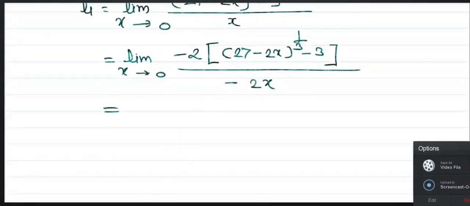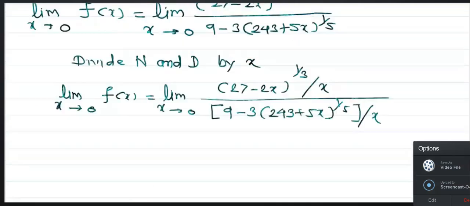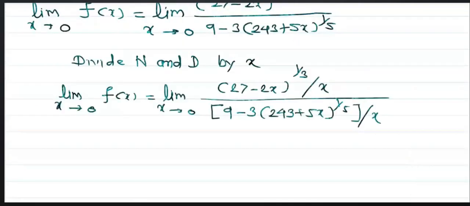Multiply numerator and denominator by minus 2.